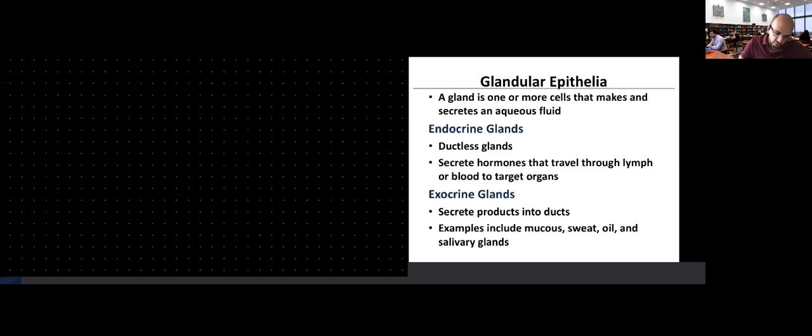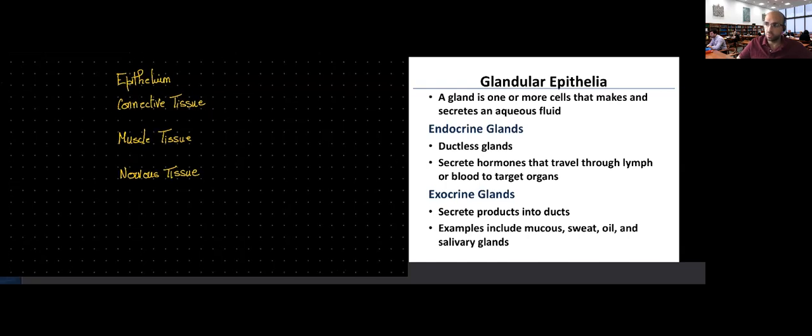If you remember, those are the epithelium, connective tissue, and muscle and nervous tissue. Those are the 4 different types of tissues that we have forming together all the body organs.